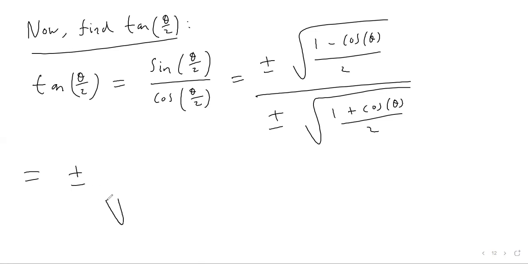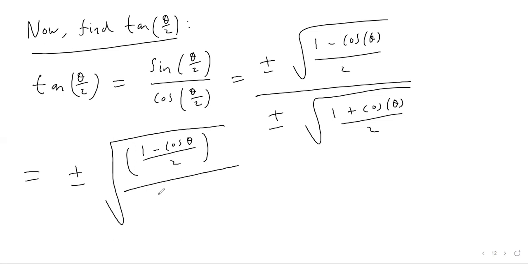So you've got the square root of a number over the square root of a number. So this is technically just plus or minus the square root of 1 minus cos theta over 2, all divided by 1 plus cos theta over 2, this result down there.